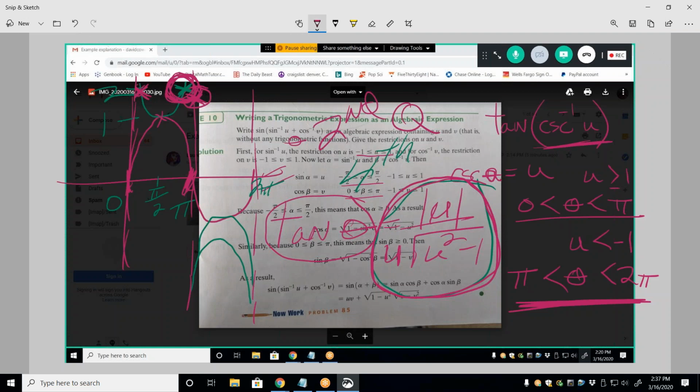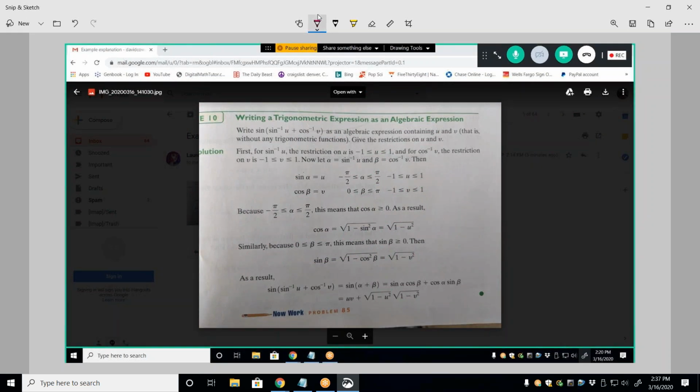They do something interesting here that I like. Let me erase everything I have. That is alpha, and that is beta. So you actually have two angles there being added. And so this first analysis here gives you that answer. And then beta is between 0 and pi.